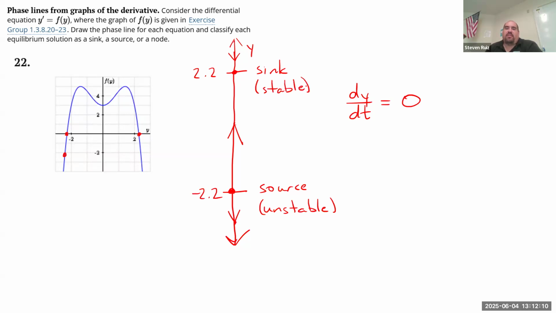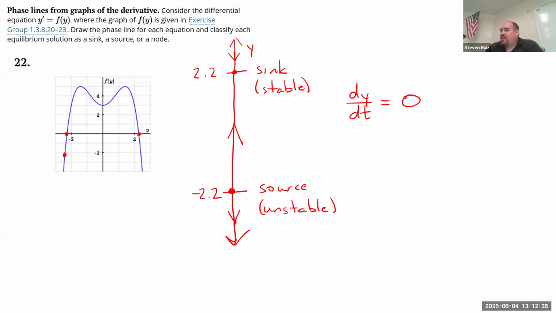When we talk about the stability of an equilibrium point, one thing I want to point out is that we're not really talking about the equilibrium point itself. Because if you are at the equilibrium value, nothing's going to change. dy dt is going to be 0. Your value of y is going to hold steady there. So when we talk about equilibrium, we're really talking about what happens near these points.